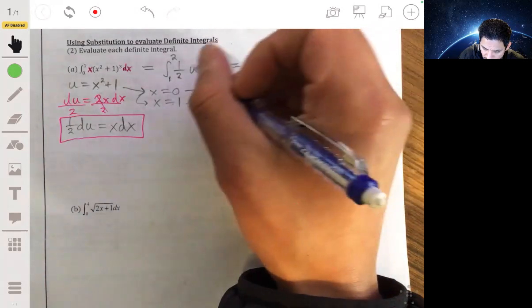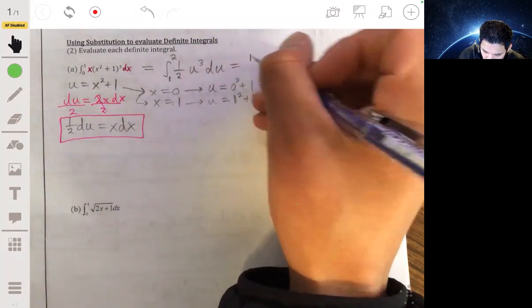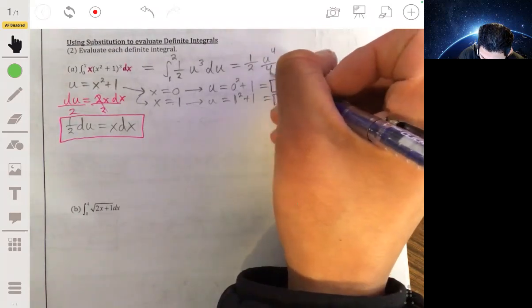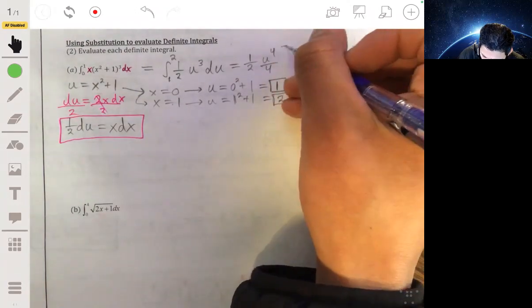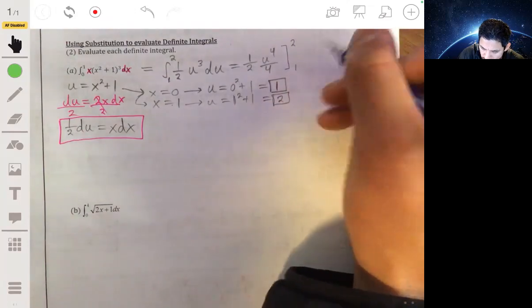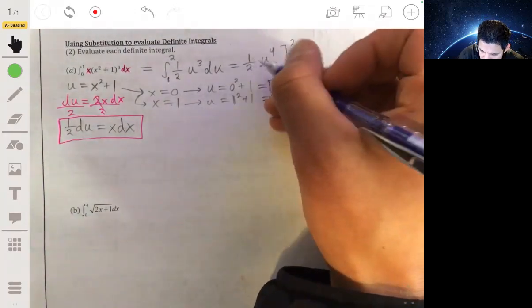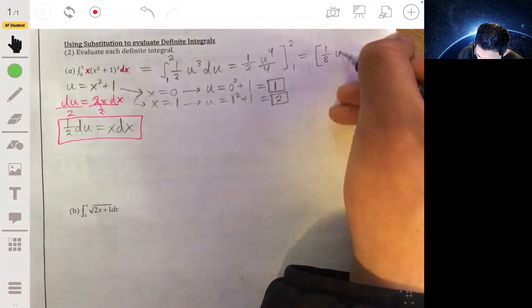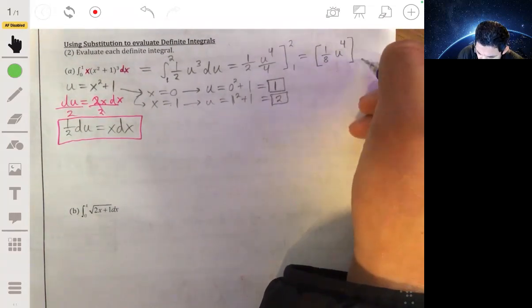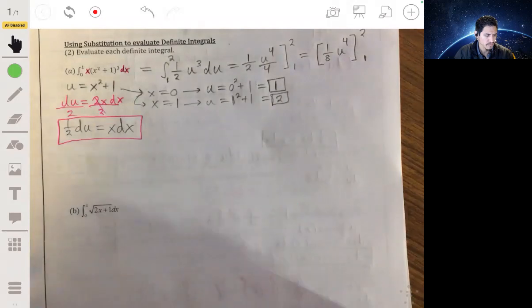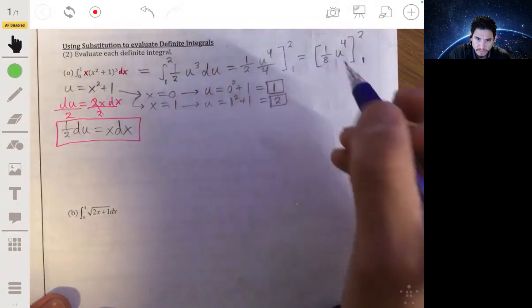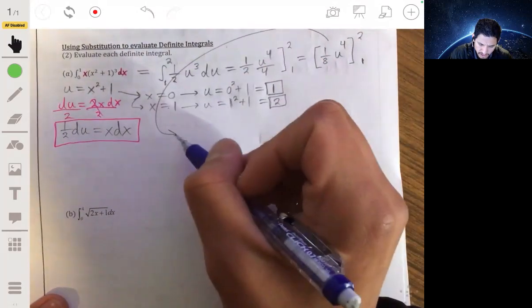So we find the antiderivative of 1/2 u to the third. That's just simply going to be 1/2 u to the fourth over 4. Let's keep our endpoints as 1 to 2. Let's simplify this as 1/8 u to the fourth, and we're integrating from 1 to 2. And so now we just evaluate this, and I'm going to move this down here so it's out of the way.